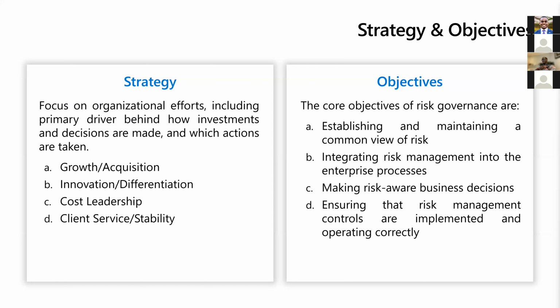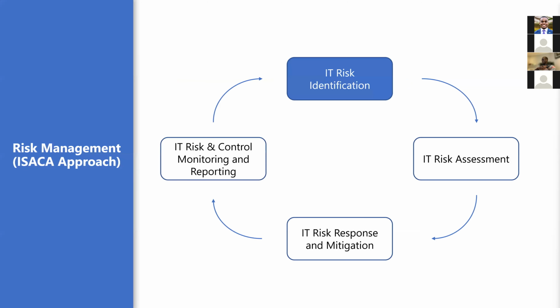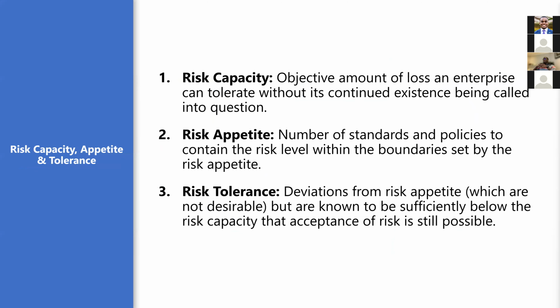Okay, so switching to risk identification. We mentioned we're going to take the ISACA approach, and today we are going to deep dive into risk identification. I didn't mention it before class, but my own objective for today is to go through this. It's something you can pick up.